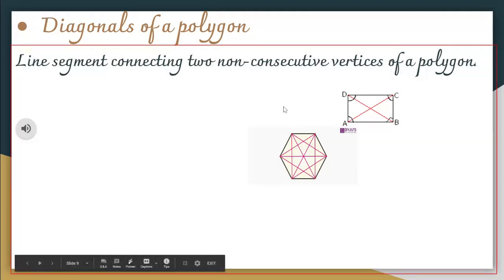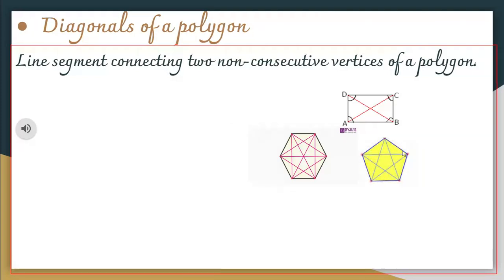For example, if we take a pentagon, 5 line segments make this a polygon, right? Now, the points where the line segments are joined to each other are called vertices. In singular, we say vertex, and in plural it will be vertices, right?